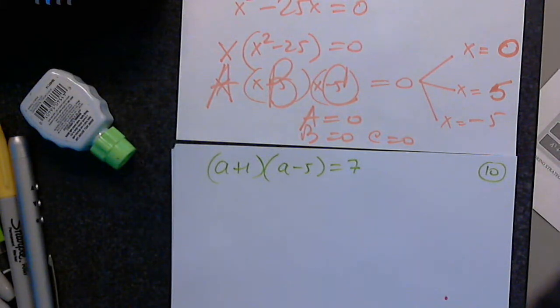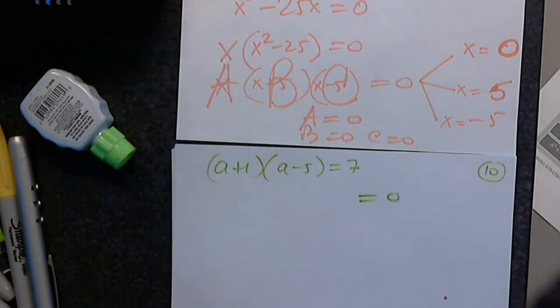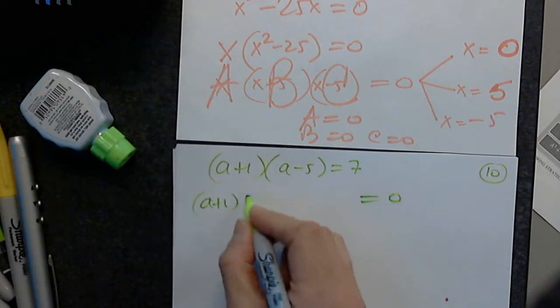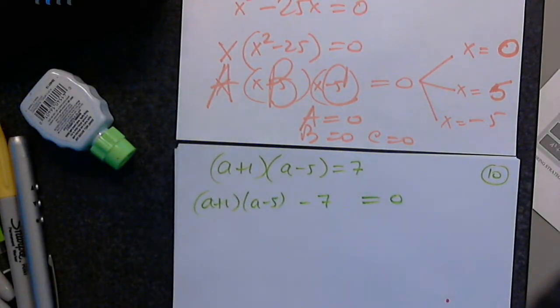Can I apply the zero product principle here? Yeah, you subtract 7. True. The answer is no, I cannot. I have to have it set equal to 0, which is a plus 1, a minus 5, minus 7. Okay, now can I use the zero product principle? Two conditions have to be fulfilled.